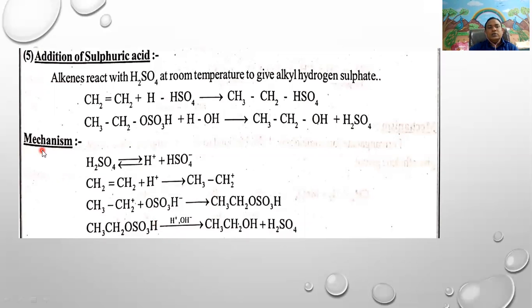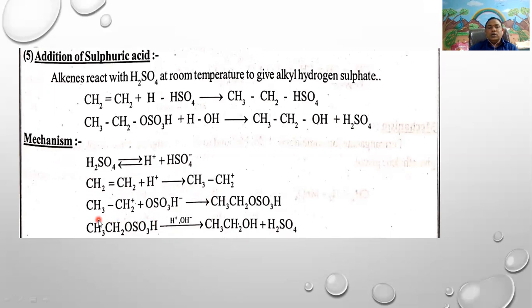In the mechanism, sulfuric acid ionizes to give H+ plus HSO4-. The proton attacks the negative end of the carbon in the unsaturated alkene, giving a carbonium ion as an intermediate product, that is CH2=CH2 plus H+ gives CH3CH2+.